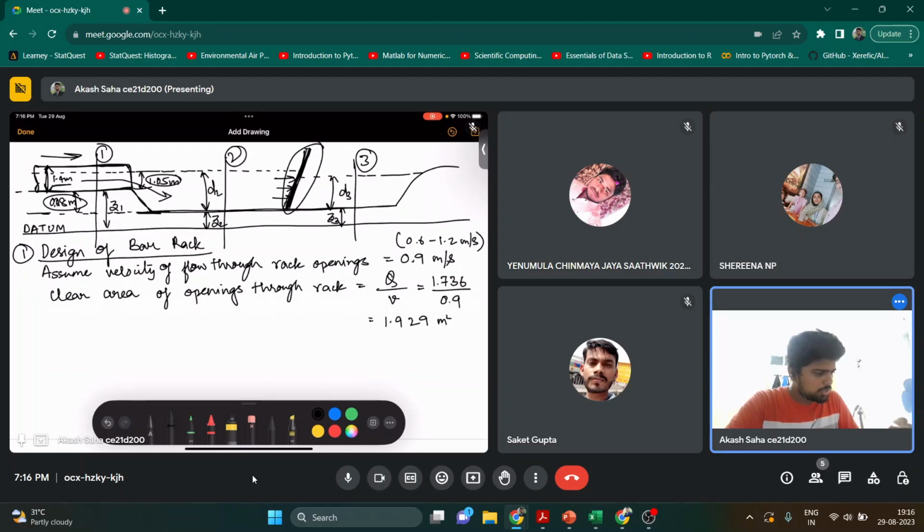Now I know that, so this is my clear area. Now clear width.